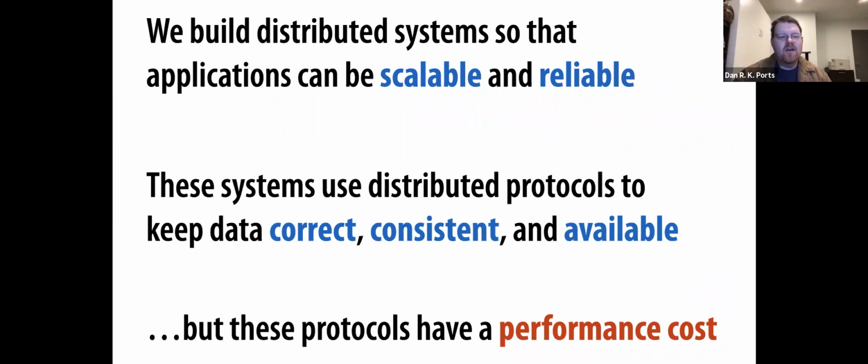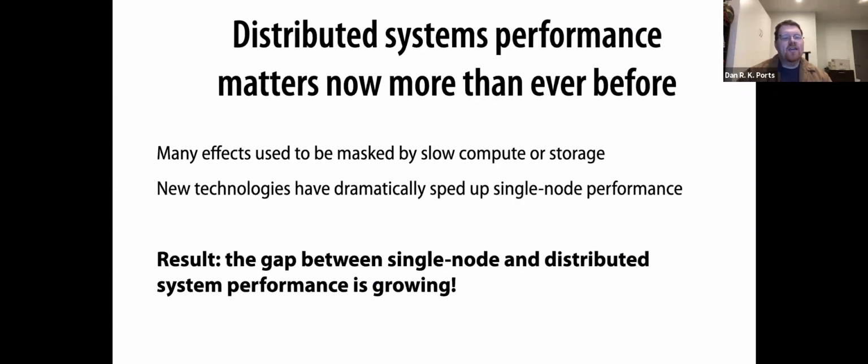But what's changing now is that we're seeing that distributed systems performance matters more than it ever did before. And that's both because distributed systems are increasingly important and increasingly large, but also because we've sped up single node performance a lot. It used to be the case that some of the distributed systems performance challenges didn't really matter.